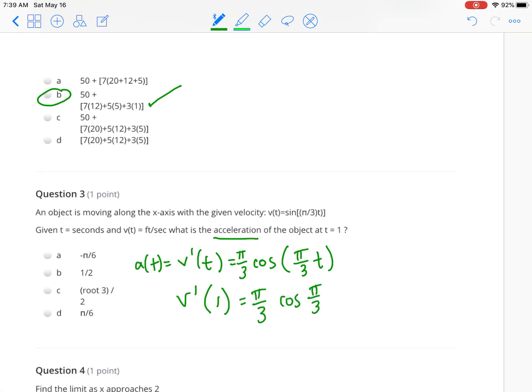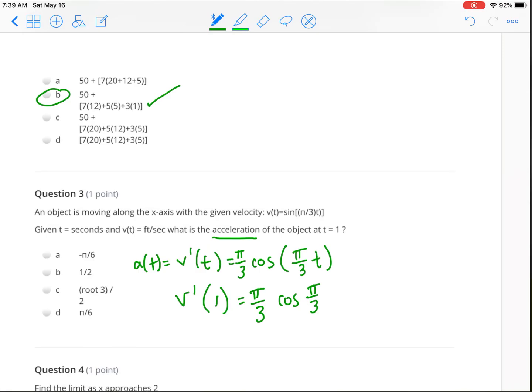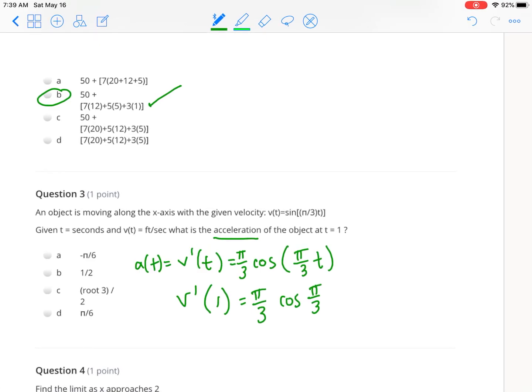So whatever the cosine of pi over 3 is, that's the cosine of 60, which is 1/2. So we have pi over 3 times 1. Cosine of 60 is 1/2. And so that final answer is pi over 6.